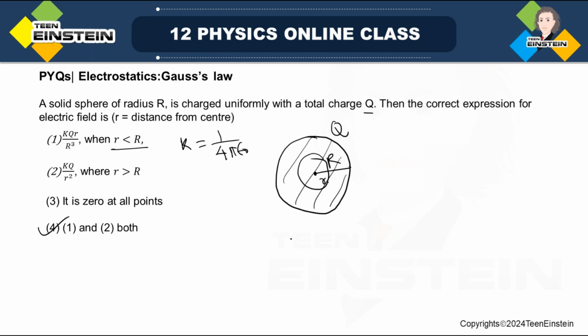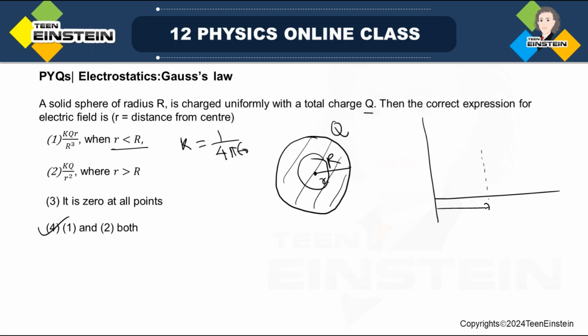If I derive this, it will be really lengthy, but still I'll say something here. The electric field for a solid sphere varies like this.